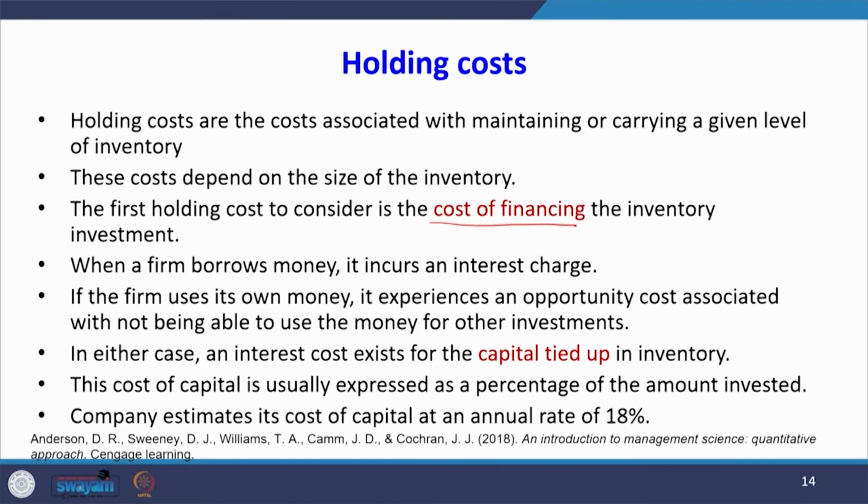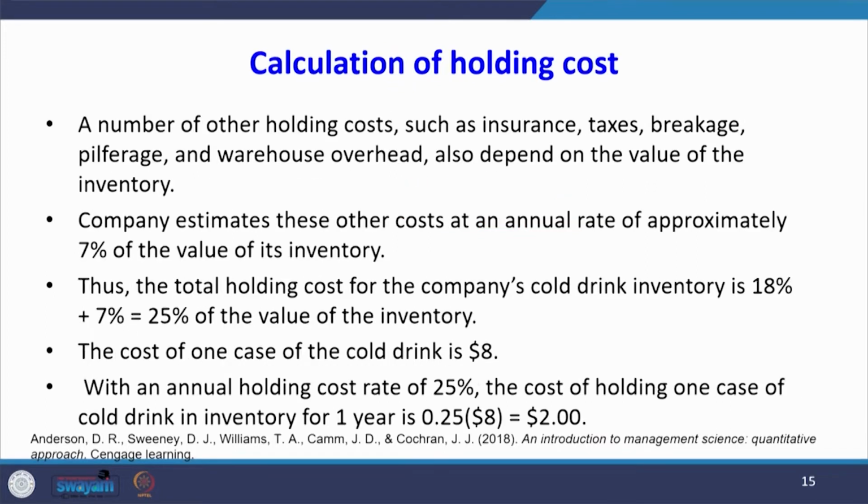The cost of capital is usually expressed as a percentage of the amount invested. So, for this company, it estimates the cost of capital at an annual rate of 18%. Apart from this cost of capital, a number of other holding costs such as insurance, taxes, breakage, pilferage and warehouse overhead also depend on the value of your inventory.